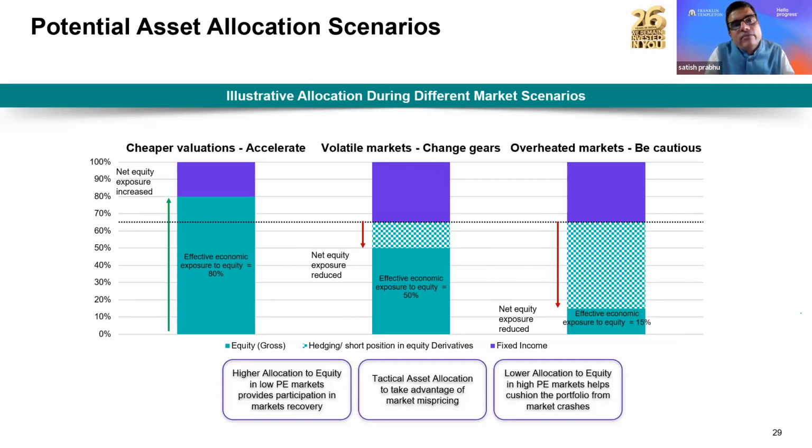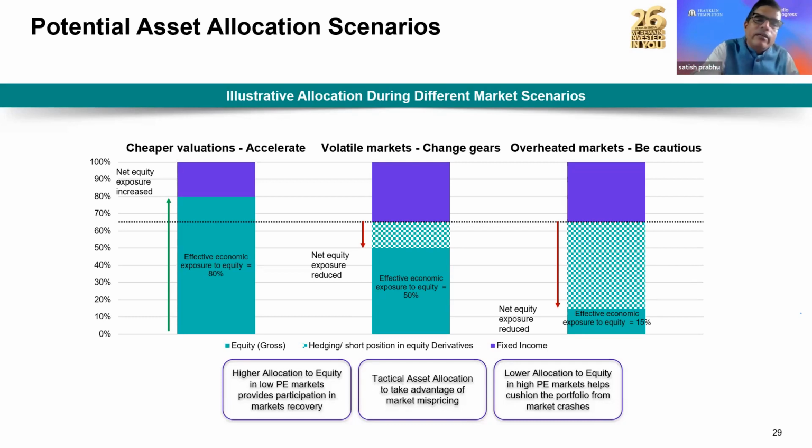Now, can you save this effort? Can you save the taxation effort? Yes, you can. A balanced advantage fund basically doesn't need you to pay tax when it changes from equity to debt. It is a pass-through, and within the fund, when it changes from equity to debt, there is no tax element. Only when you sell the units of the balanced advantage fund do you need to talk about tax.